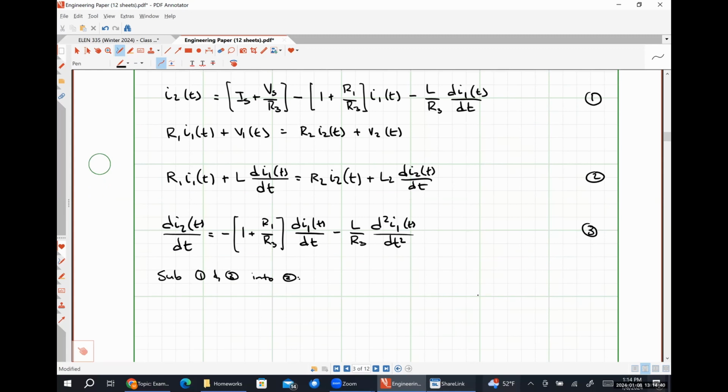So that would be R1 I1 plus L di1 by dt is equal to R2 times effectively equation 1.